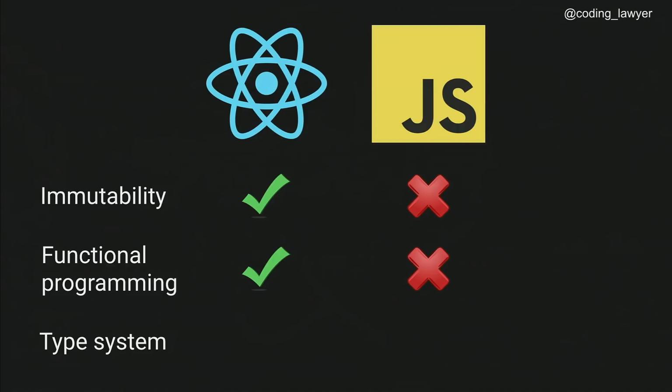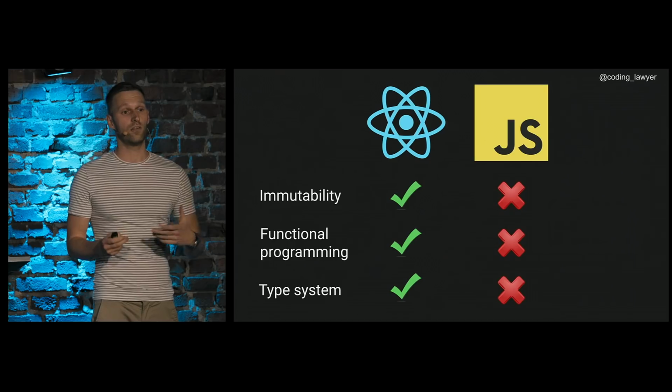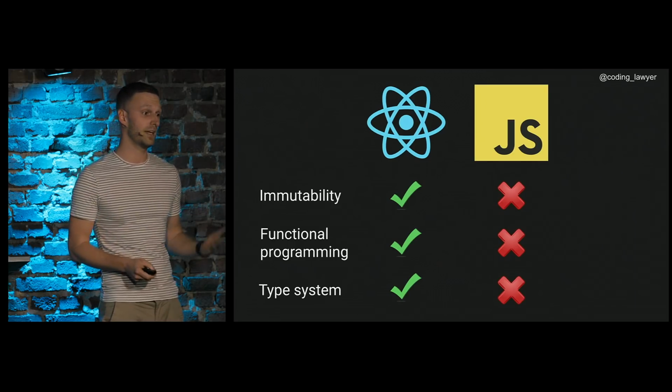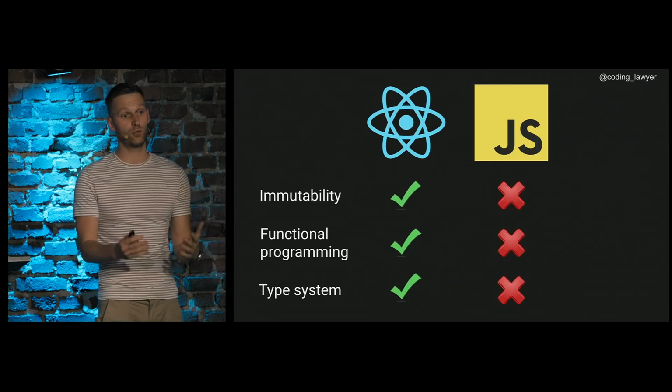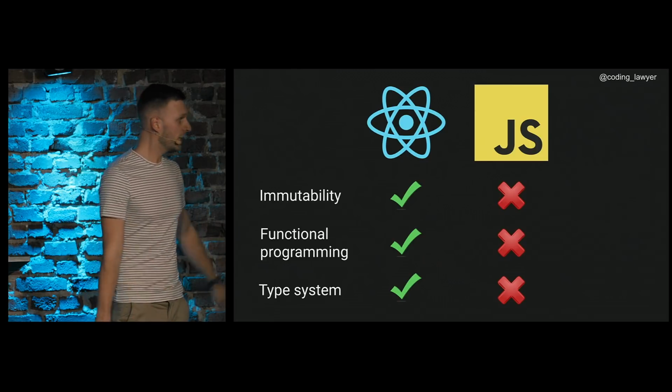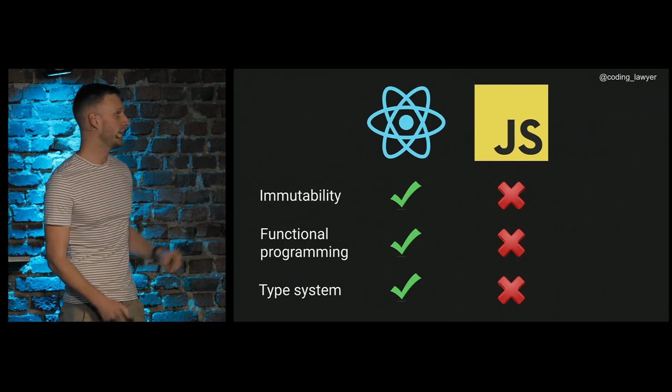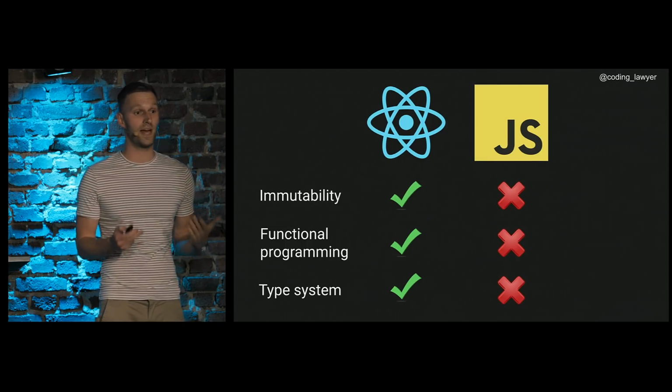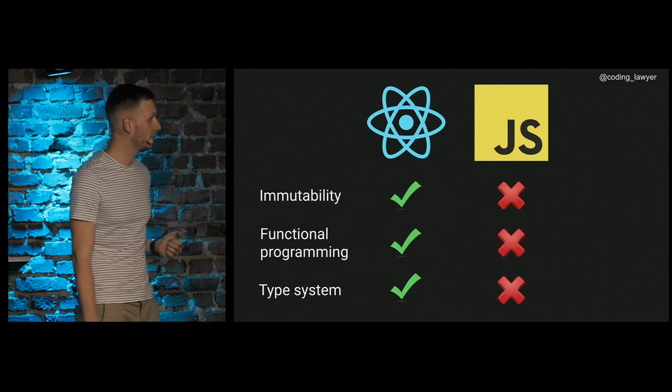In React, we have prop types. And prop types are a way to simulate static typing in JavaScript, because JavaScript isn't a statically typed language. That means if you really want to write some nice static typing in JavaScript, again, you need to use external libraries. You need to use Flow and TypeScript. So if you take a look at our chart, you can see that JavaScript isn't compatible with React's core principles.